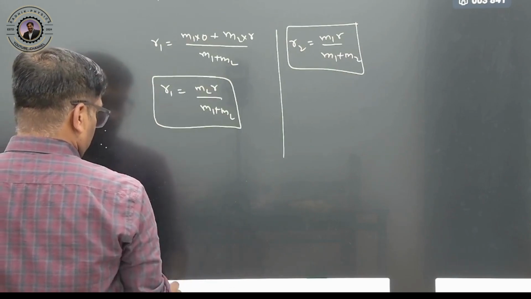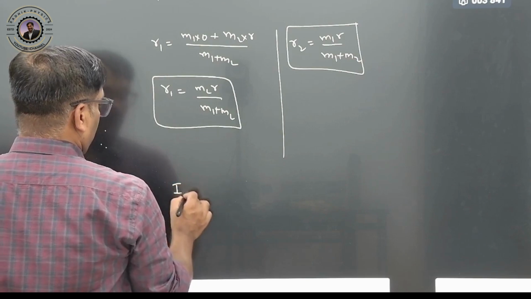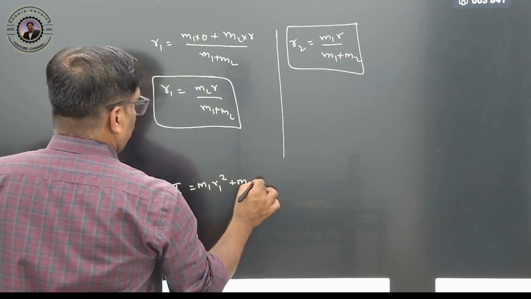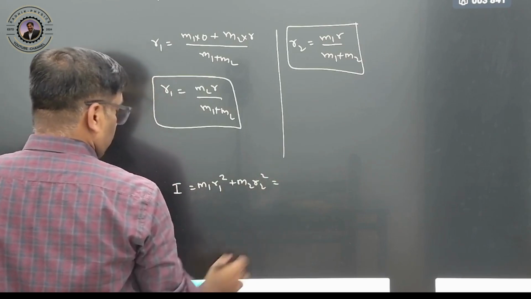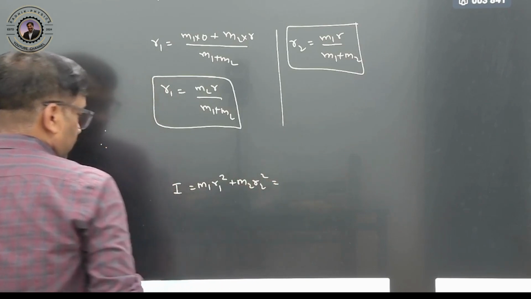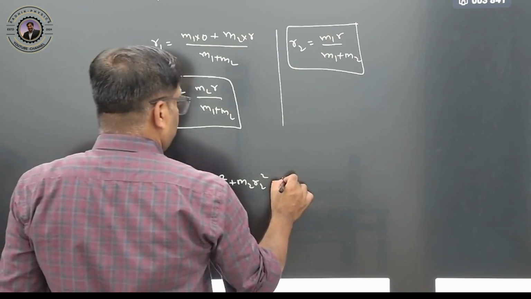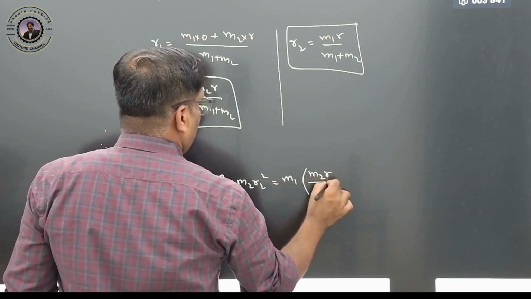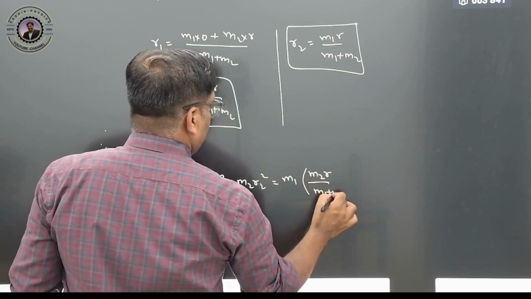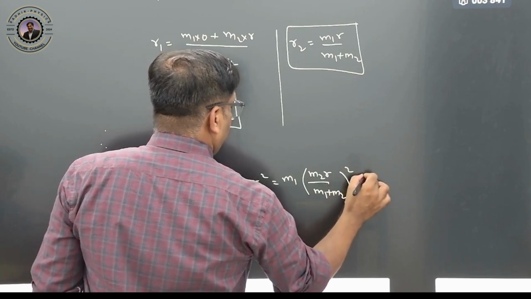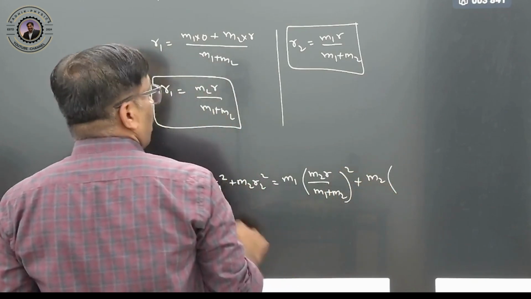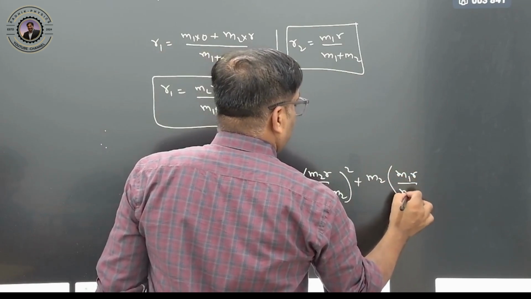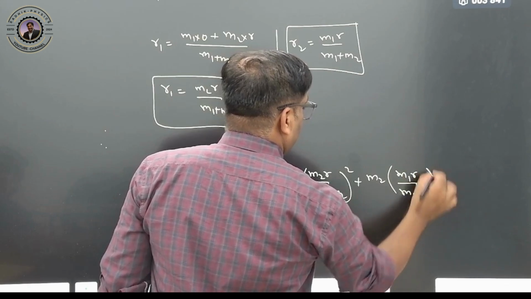I is equal to m1 r1 square plus m2 r2 square. So what will you get now? m1 into r1, which is m2 into r by (m1 plus m2), whole square, plus m2 into r2, which is m1 into r by (m1 plus m2), whole square.